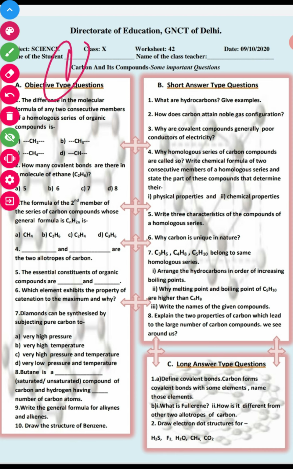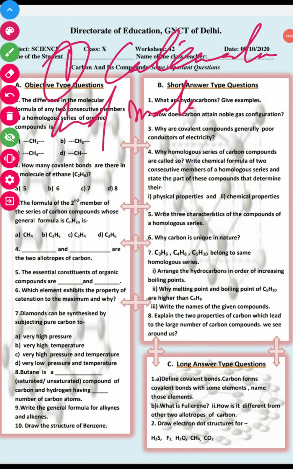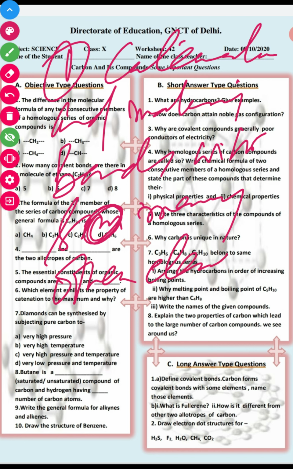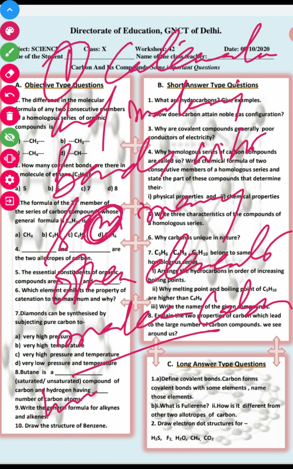In a nutshell, you can say that the property of catenation and making bonds with so many other elements make carbon a unique element.